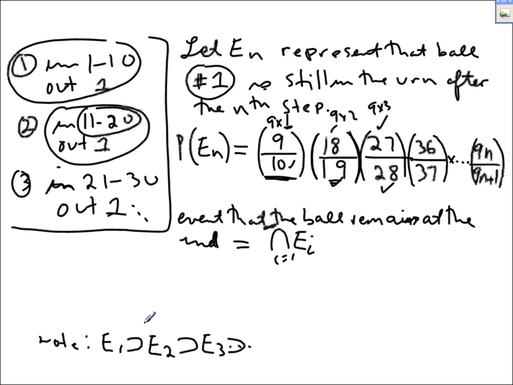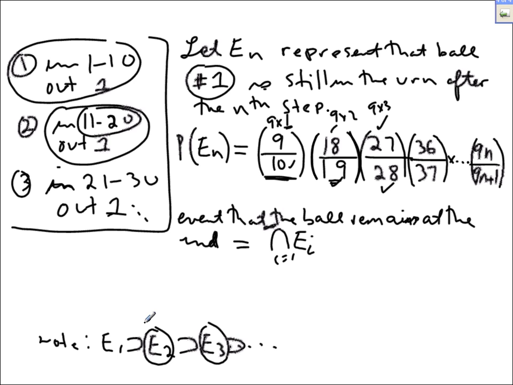And this goes on forever and ever. And why is that? Because if you remained, say, after the third step, then you must have remained after the second step.